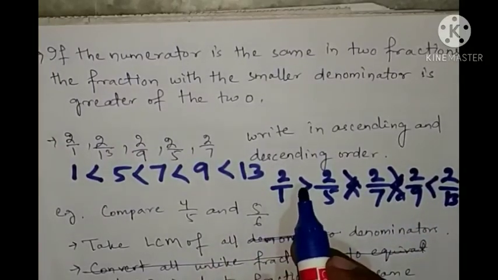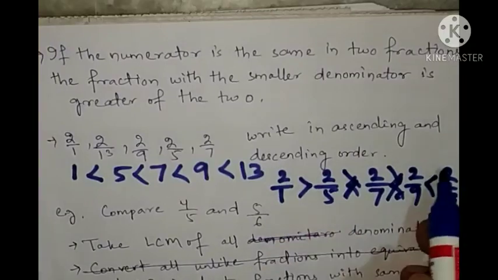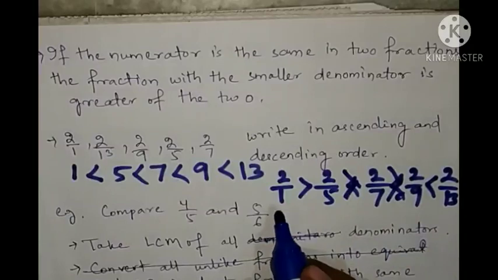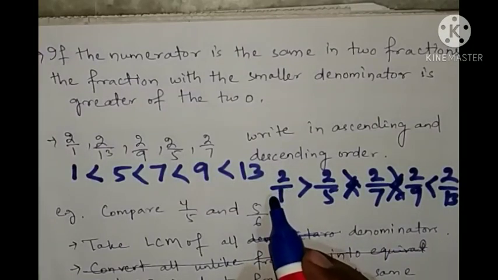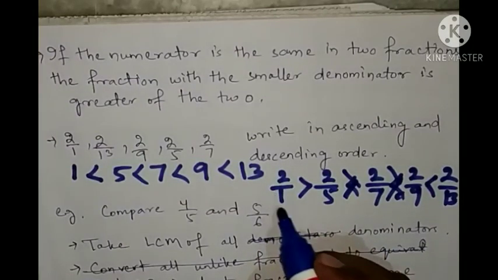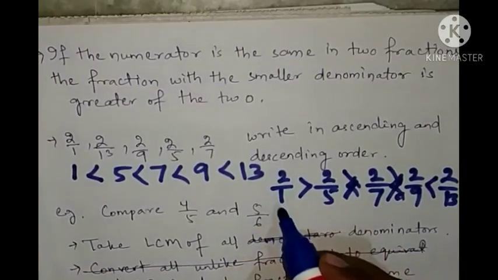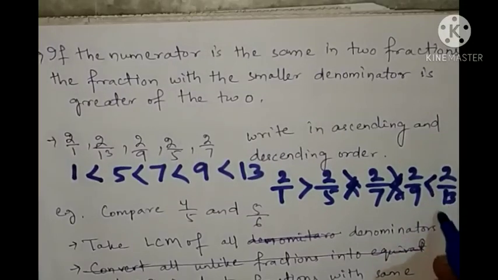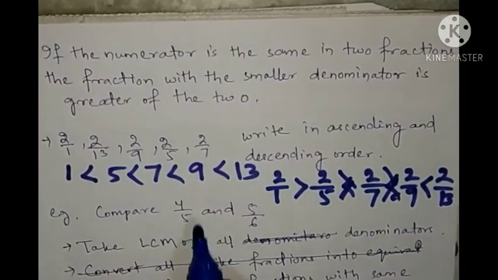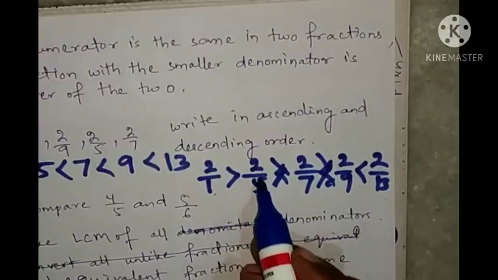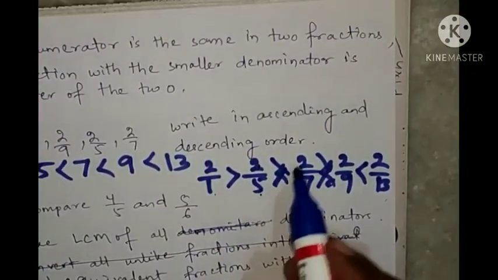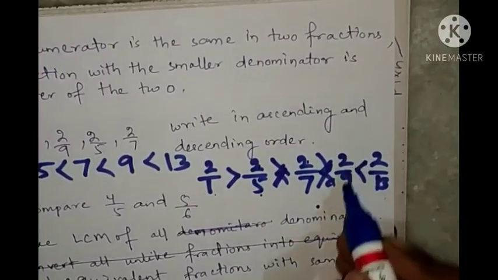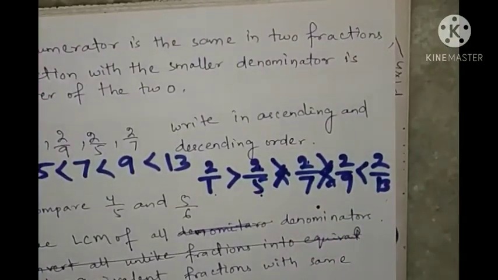So in unlike fractions where the numerator is the same, the fraction which has the smallest denominator is biggest, and which has the greatest denominator is smallest. So 2 by 1 is bigger than 2 by 5, 2 by 5 is greater than 2 by 7, 2 by 7 is greater than 2 by 9, and 2 by 9 is greater than 2 by 13.